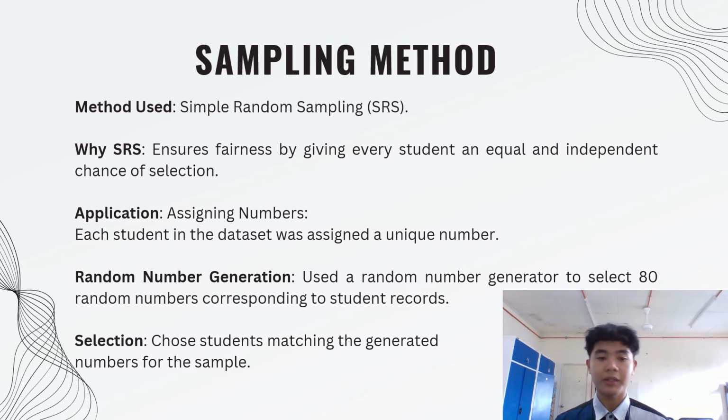Second step, by using a random number generator to select 80 random numbers from the entire student dataset, such as the population, to guarantee impartial selection. Last step, students matching these randomly generated numbers were chosen for our sample, creating a diverse and representative subset of the population to reflect the overall trend accurately.